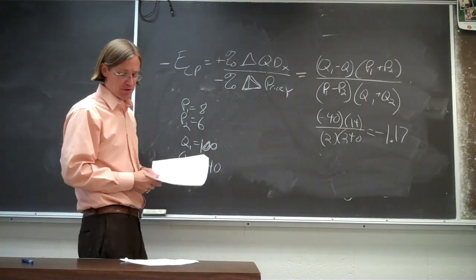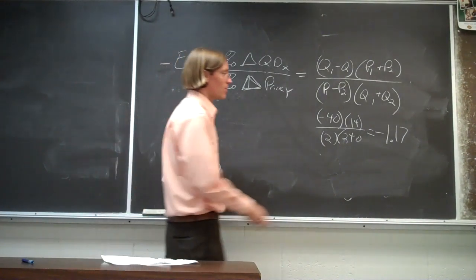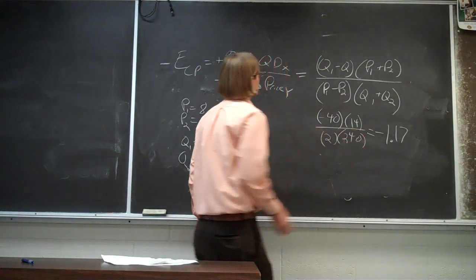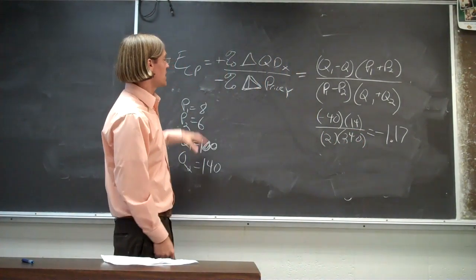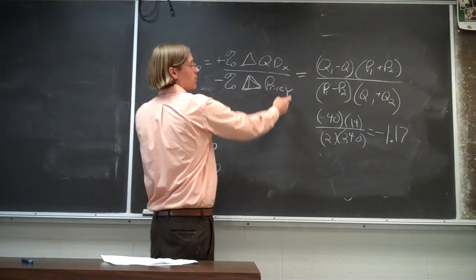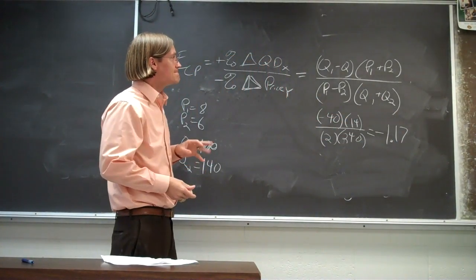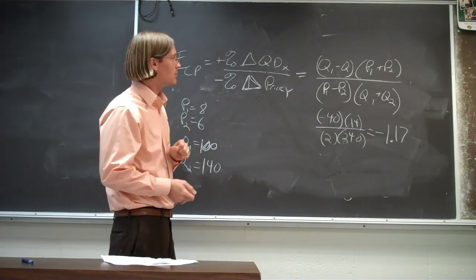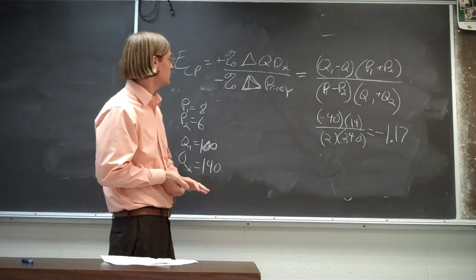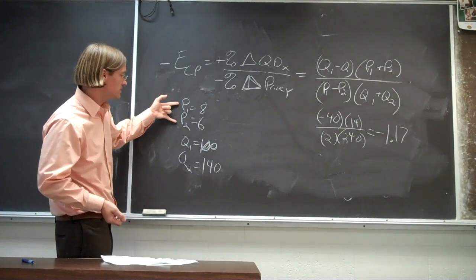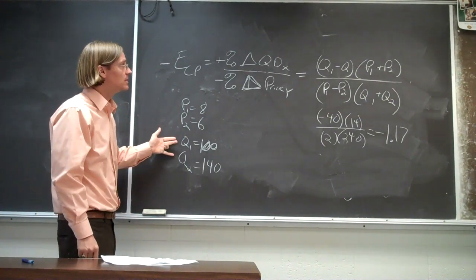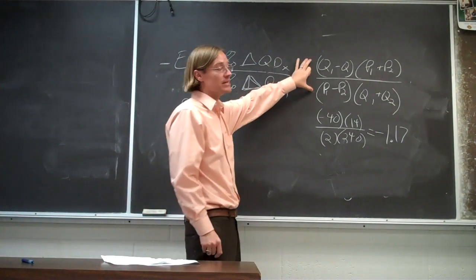Whenever you're doing these on an exam or on homework, you've got to decide, am I going to use this formula or am I going to use this formula? It's fairly straightforward because there are only so many different ways I can ask the problem. If I give you two prices and two quantities, then you're probably going to want to use this.